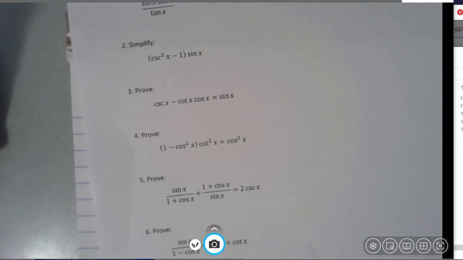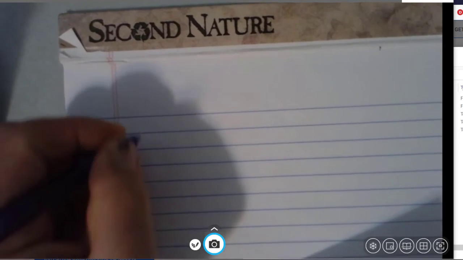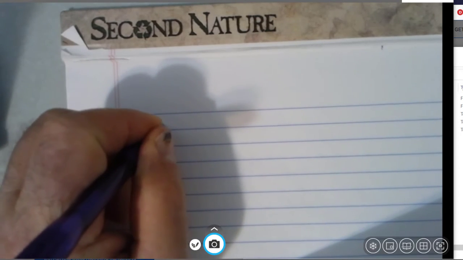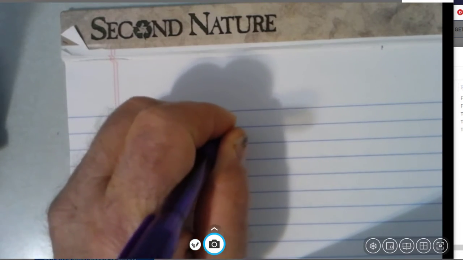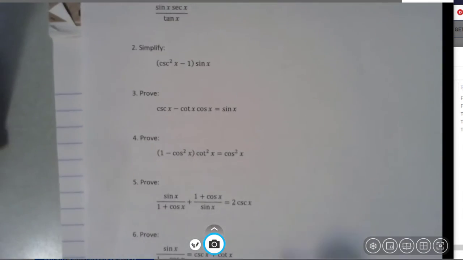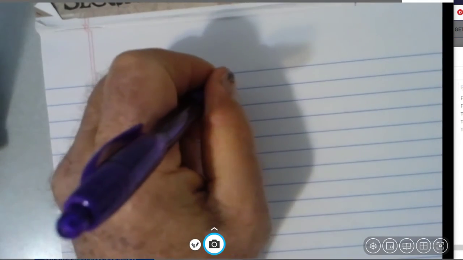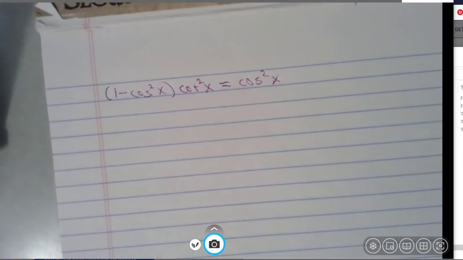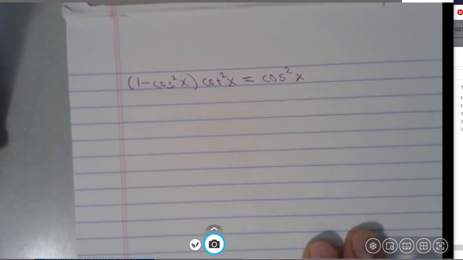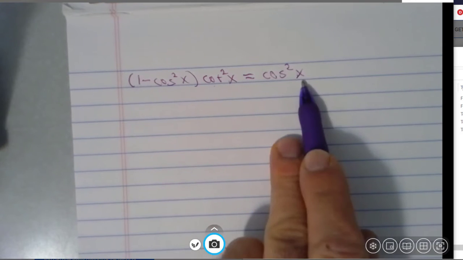Quantity 1 minus cosine squared x times cotangent squared x equals cosine squared x. Okay, what we want to do is turn this into this.